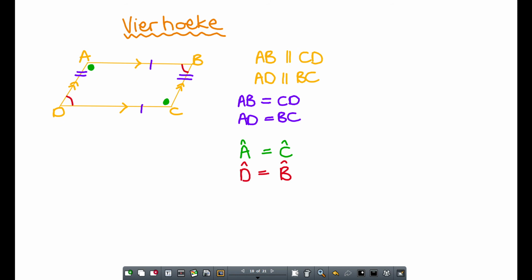Okay, so make a little bubble there somewhere and write that down. Interior angles, quadrilaterals.